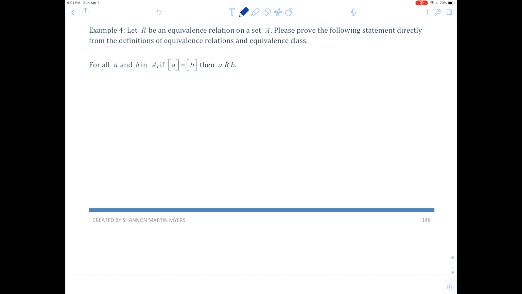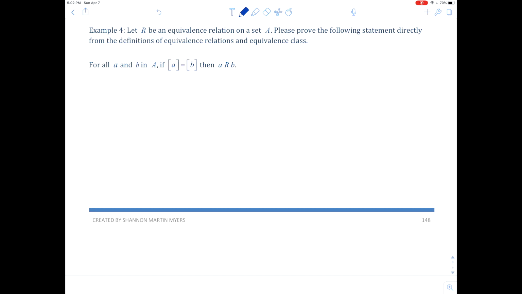So our last example has R as an equivalence relation on a set A, and we want to prove this statement directly from the definitions of equivalence relation and equivalence class. So for all a and b in A, if the class of a equals the class of b, then aRb.